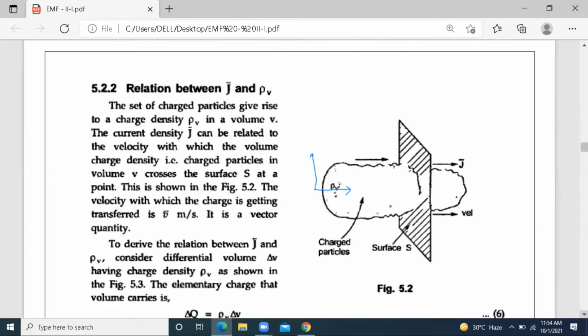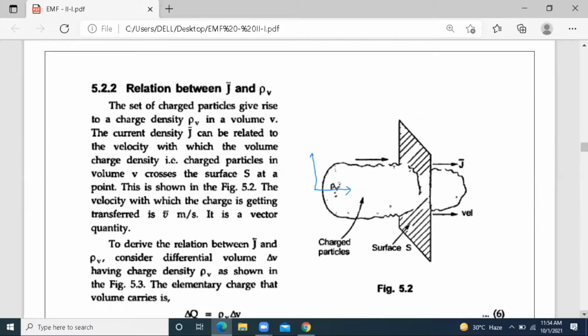So the relationship between J and rho v. The set of charged particles give rise to a charge density rho v in a volume. The current density J can be related to the velocity with which the volume charge density, that is, charged particles in the volume, crosses the surface S at a point. This is shown in the figure.